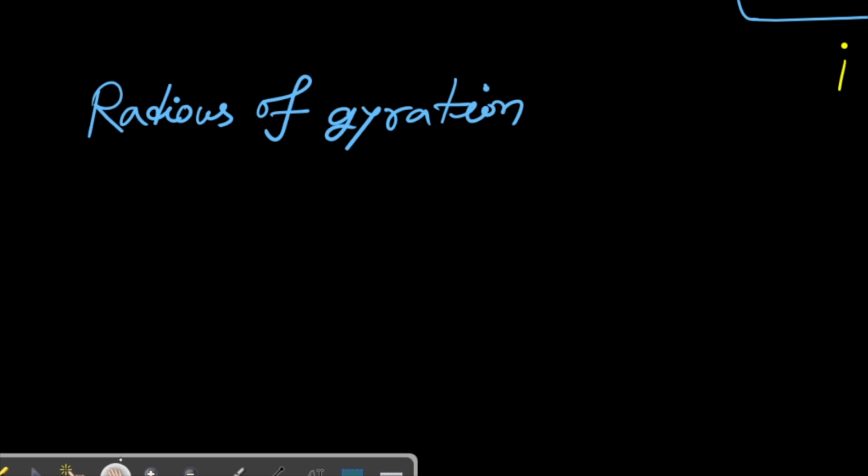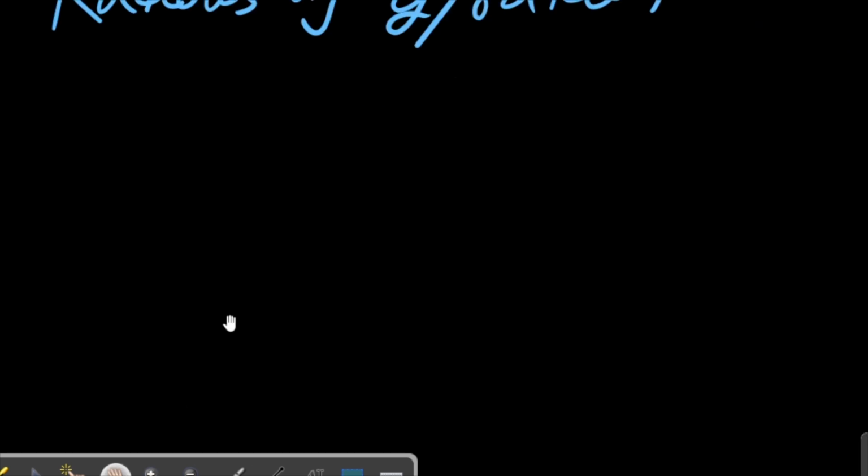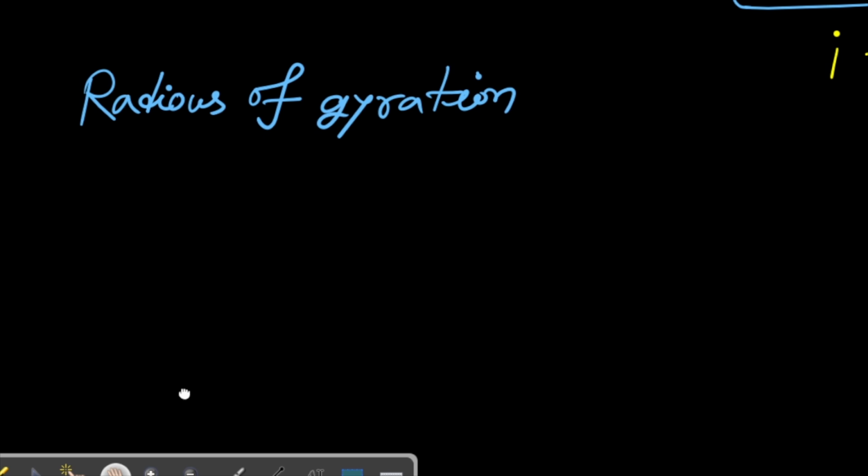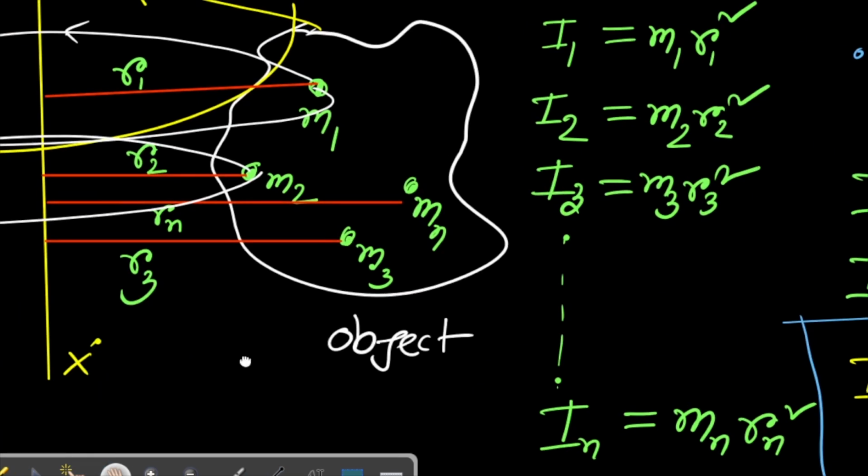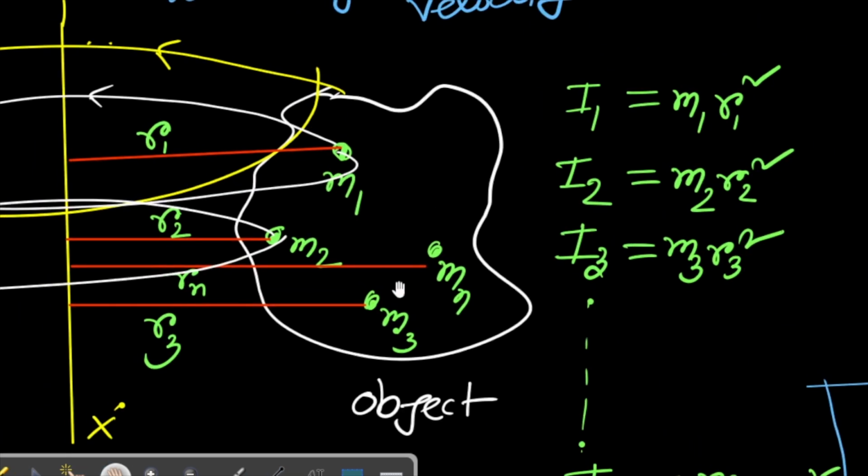Now we discuss it. Suppose this is the object. We know this object has a center of gravity. Suppose the center of gravity is m.